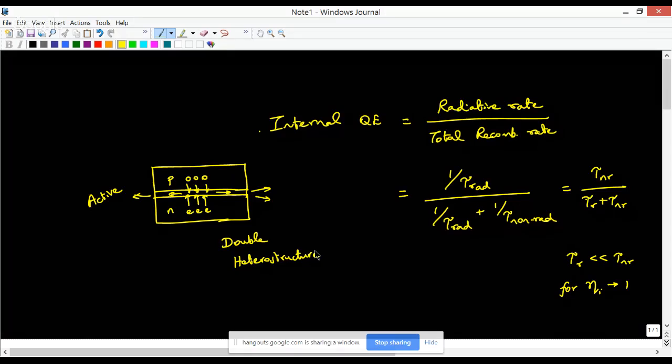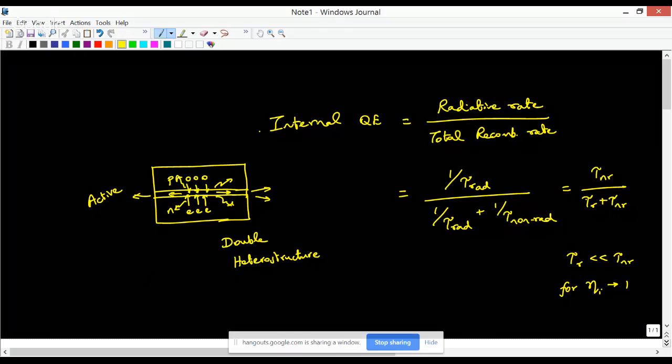Now, what do we mean by external quantum efficiency? You have injected all these carriers into the active region, and you have generated these recombination events, and you have all these photons that are generated from here. Now, these photons, if they are just spontaneously emitted, are going in all possible directions, right?